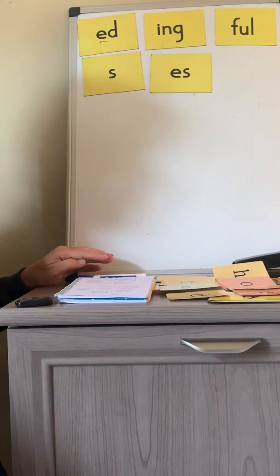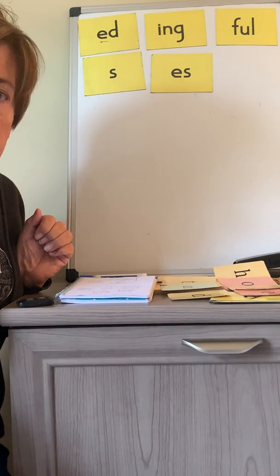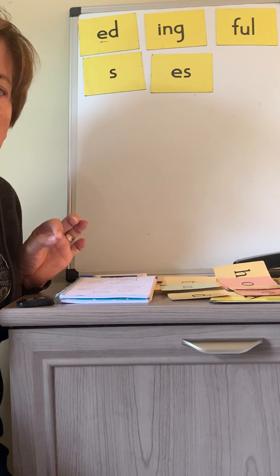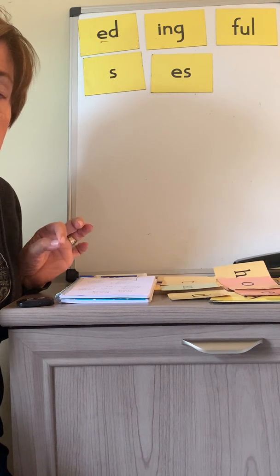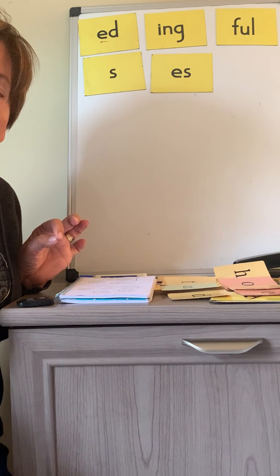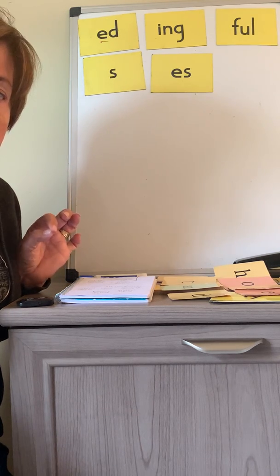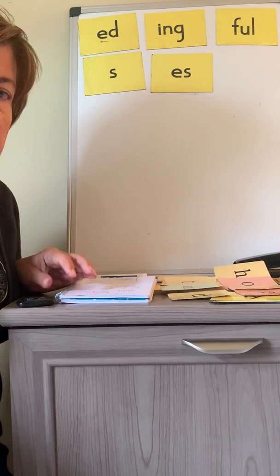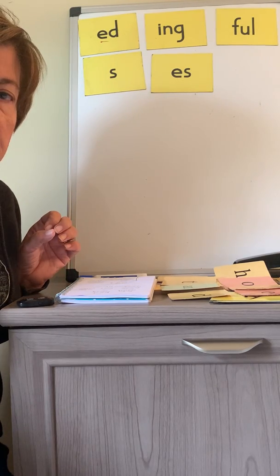Okay, so let's first talk about what is a suffix. A suffix is added on to the end of a word to change its meaning. So in order to know whether a word has a suffix, I have to be able to take the suffix off and there still will be a word left.